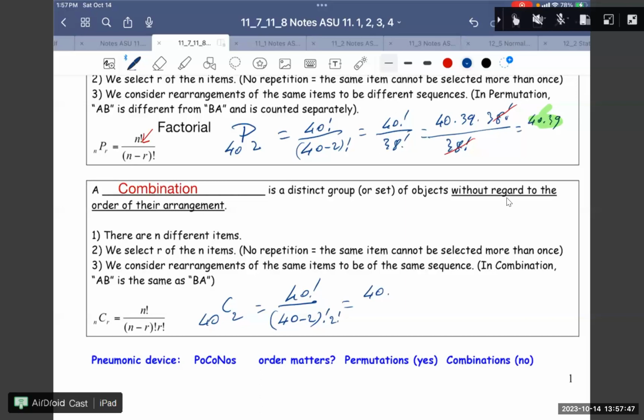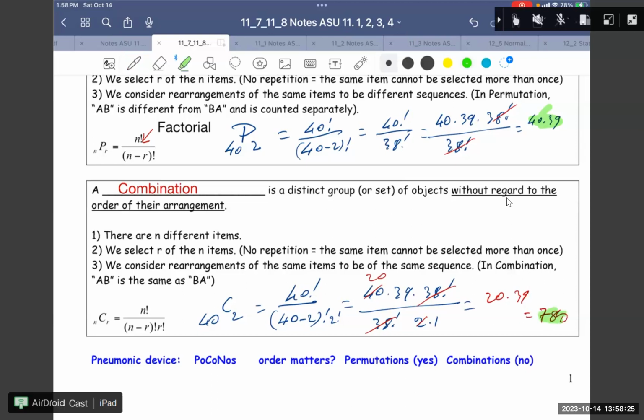Sorry about that. 40 times 39 times 38 factorial over 38 factorial. 2 factorial is 2 times 1, so this one is gone, and this one is divided by 2. So this one is 20. We have 20 times 39, which is 780.